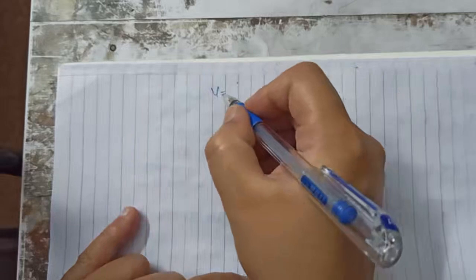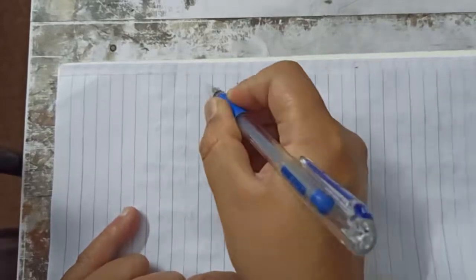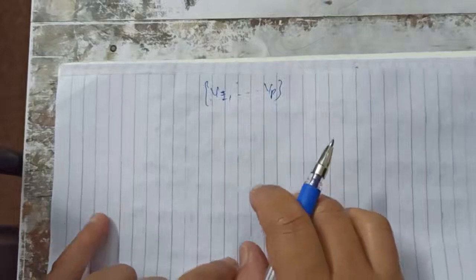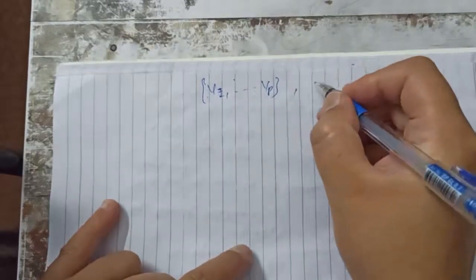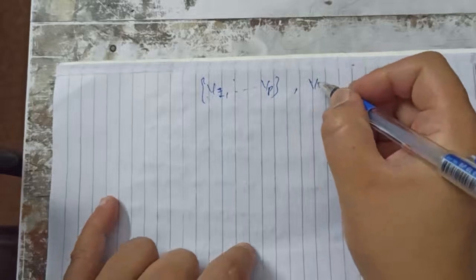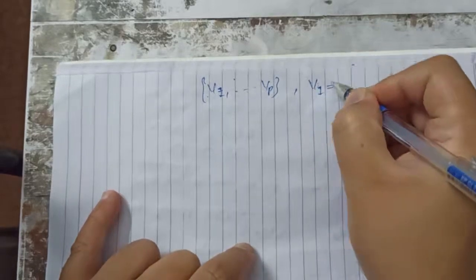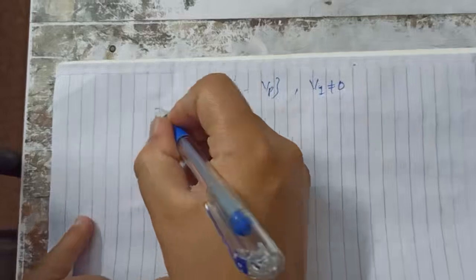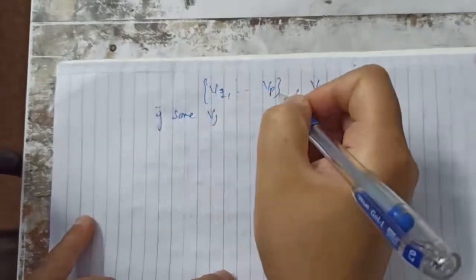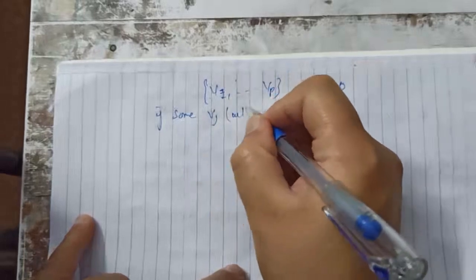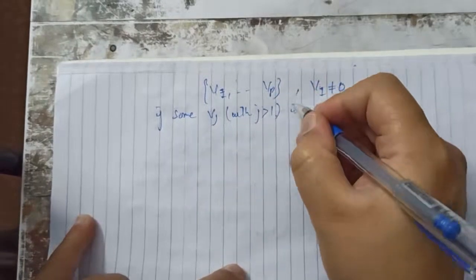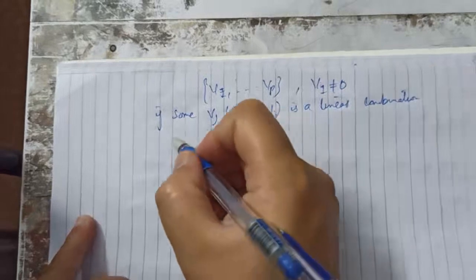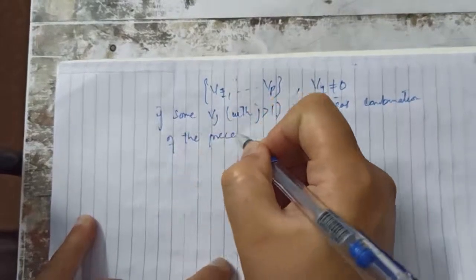If v1 to vp are a set of vectors in the vector space, and we assume that v1 is not equal to 0, the set is linearly dependent if and only if some vector vj, with j greater than 1, can be written as a linear combination of the preceding vectors.